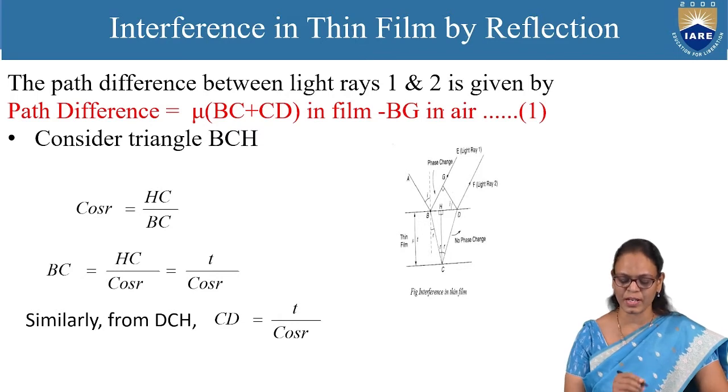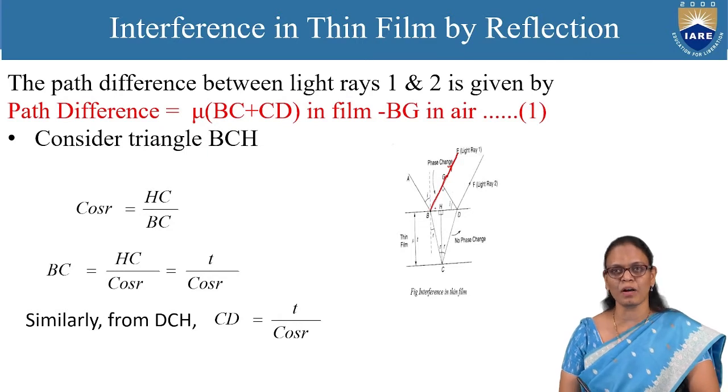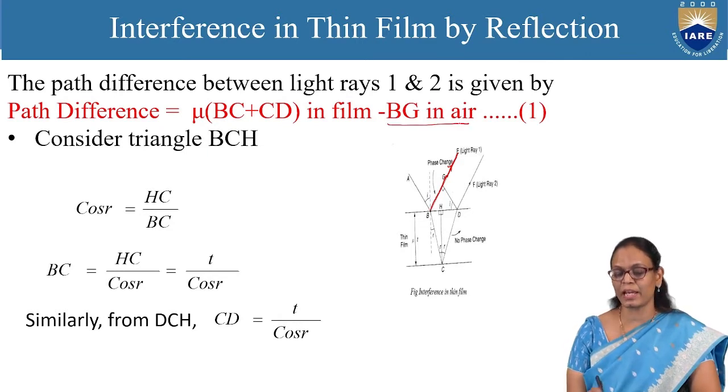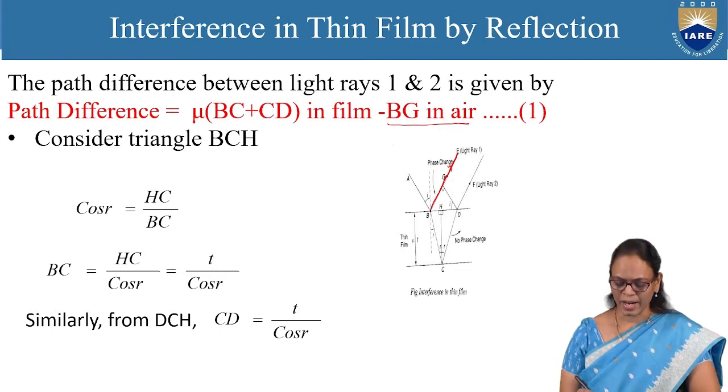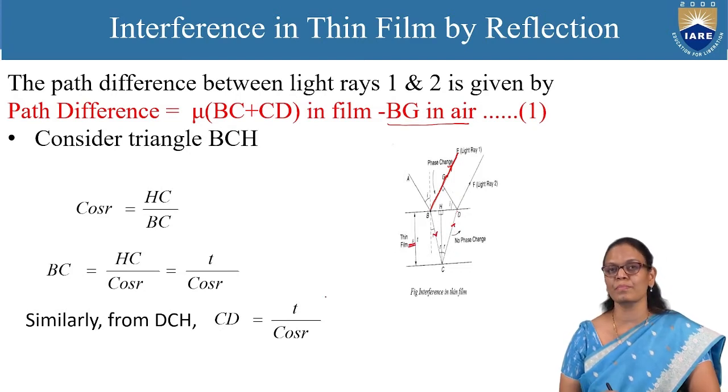What we need to understand here is, when I am talking about BG, this ray is in air because it is reflected from the top surface at B. So BG is in air. And BC and CD are inside the film of refractive index mu.